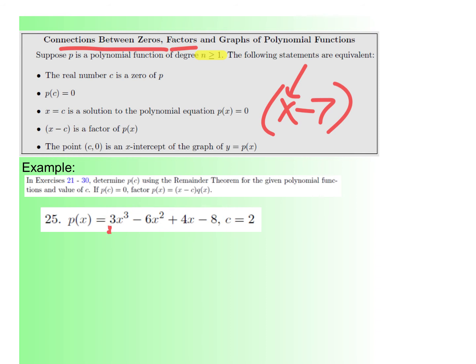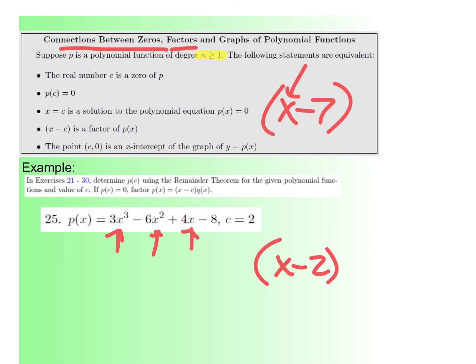So this c right here equals 2. You can check and see if it's a 0 by sticking c in here. Stick the c into this x and this x and this x, and if that c, when you stick it in, makes it equal 0, then one of the factors was x minus 2.